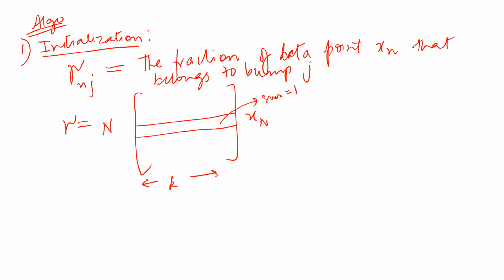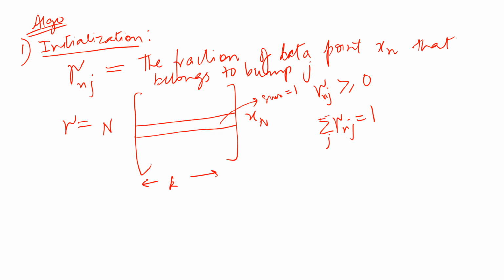So gamma_nj should be greater than or equal to 0, and the sum over j of gamma_nj should be 1. The overall parts that it has across clusters should add to 1. It shouldn't go beyond that. This is how we represent it. Every point can be part of different clusters. This is a generalization of clustering where one data point is not exclusive to one cluster.